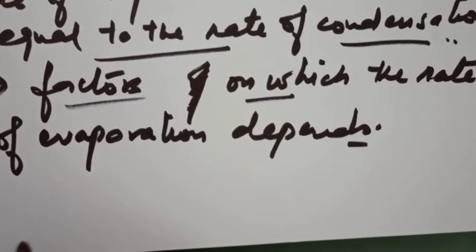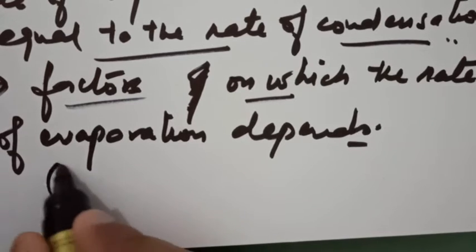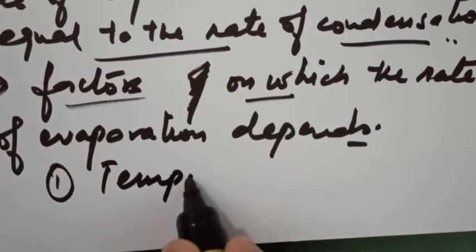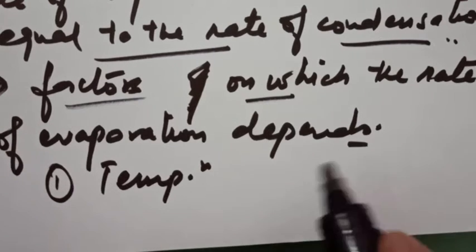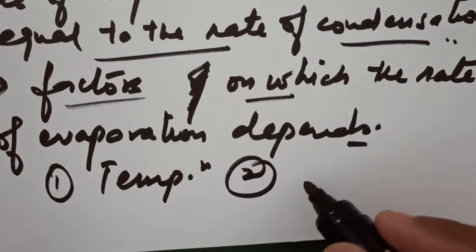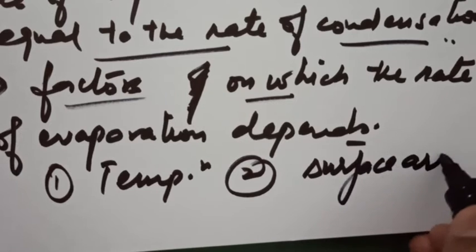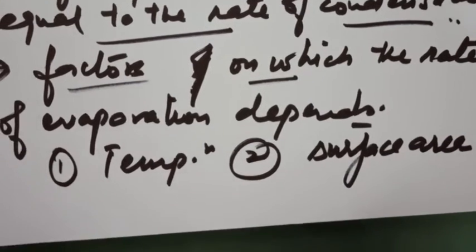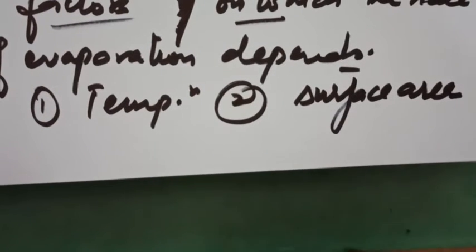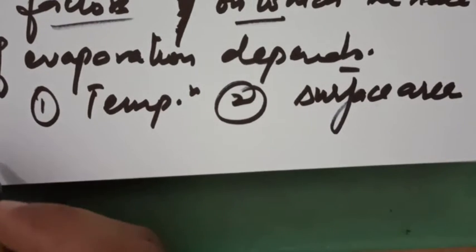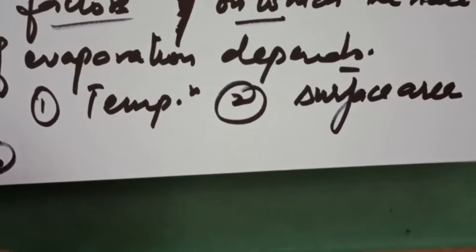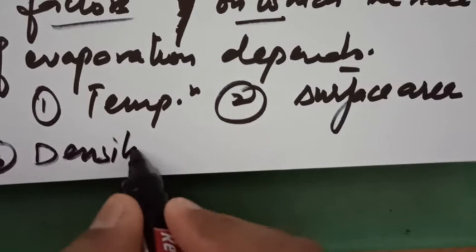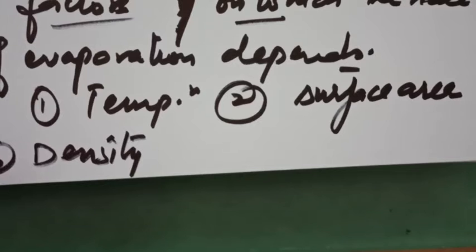There are many factors. The first one is temperature. As the temperature increases, evaporation also increases. Second is surface area. As the surface area increases, evaporation also increases. This we did in the lower classes, so there is no need to explain it in detail. And the third one is density. The greater the density of a liquid or solution, the lower will be its evaporation.